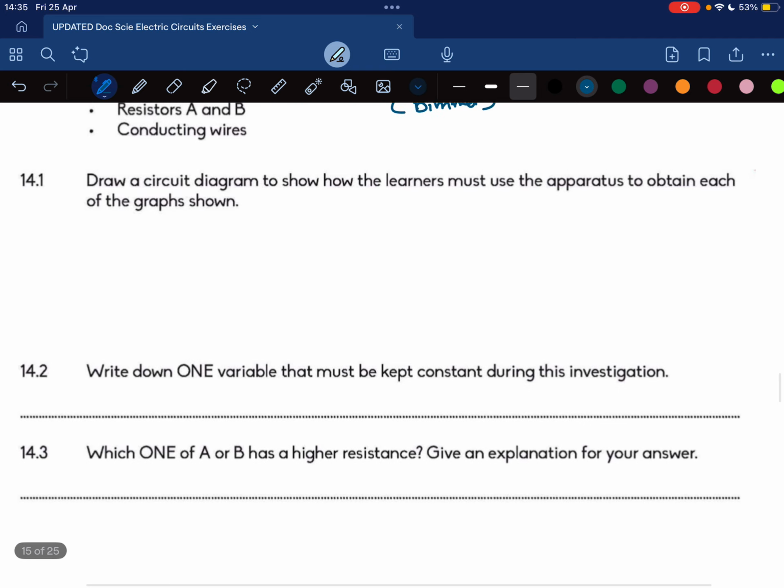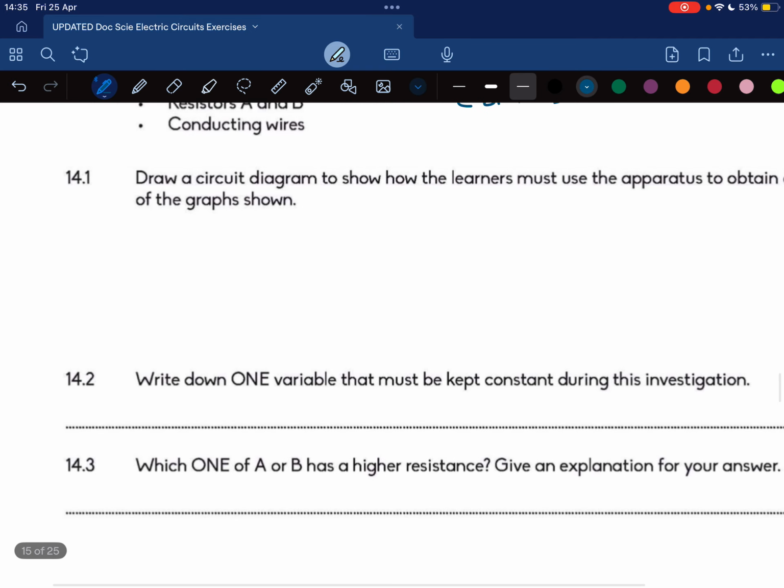So what we have is the cell, and then I'm going to have an ammeter and a resistor. And now that resistor is going to have a voltmeter attached to it. So I just want to neaten up a little bit.